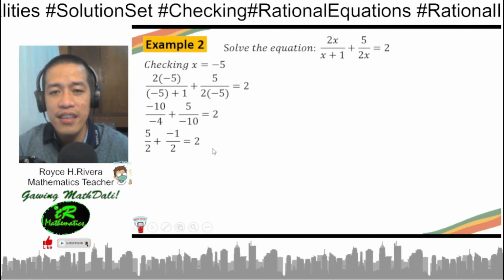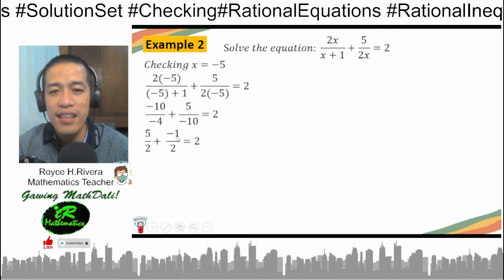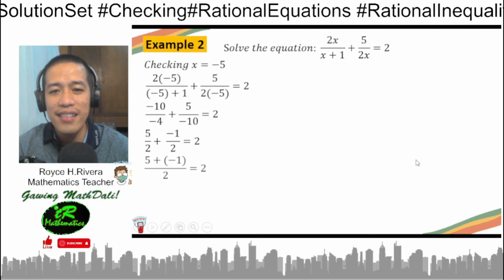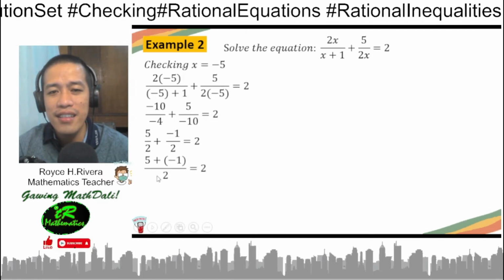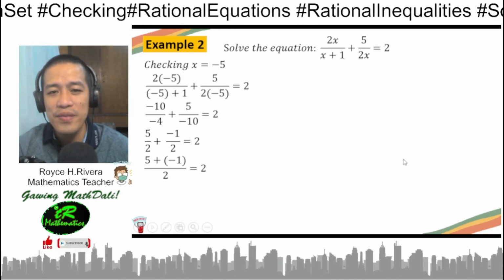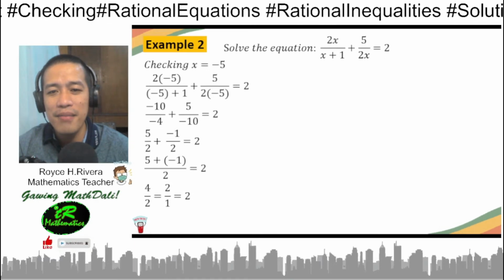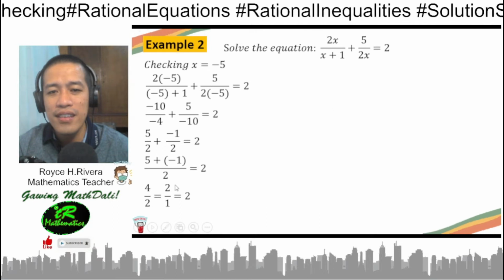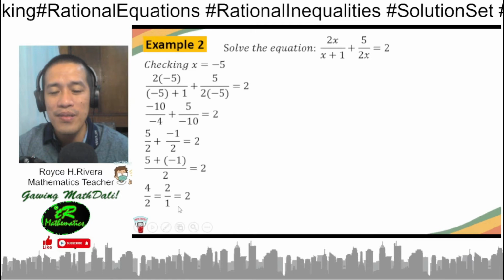Next, we get the sum of 5 over 2 plus negative 1 over 2. And we will get 5 plus negative 1 all over 2 equals 2. We will obtain the sum of 4 over 2 or 2 over 1, which is also equal to 2.